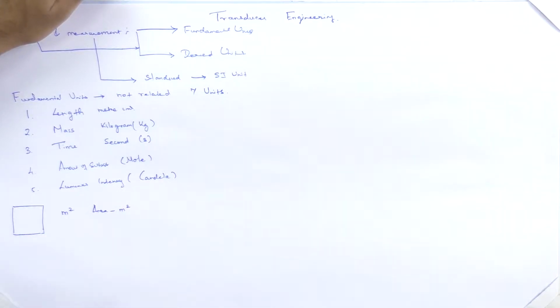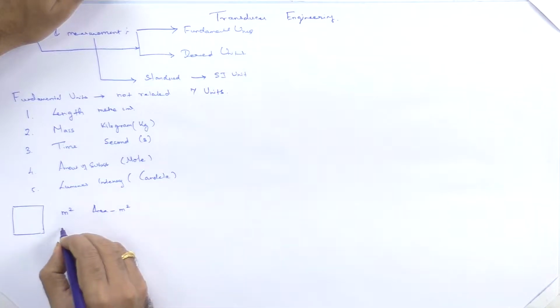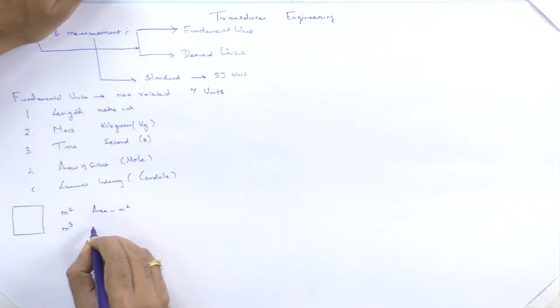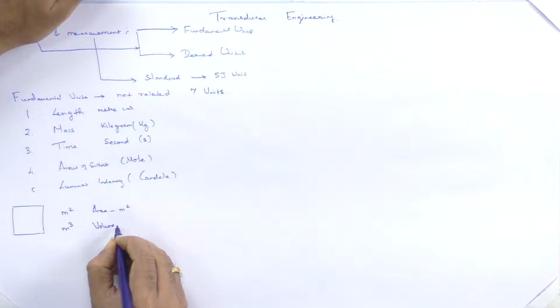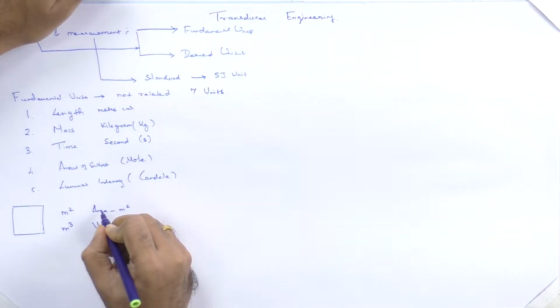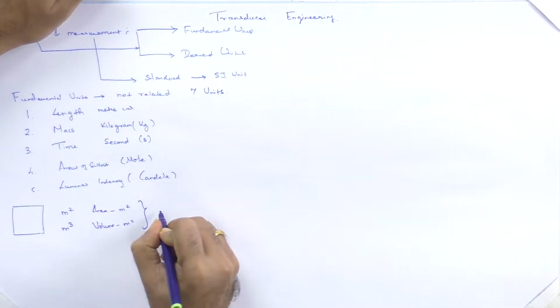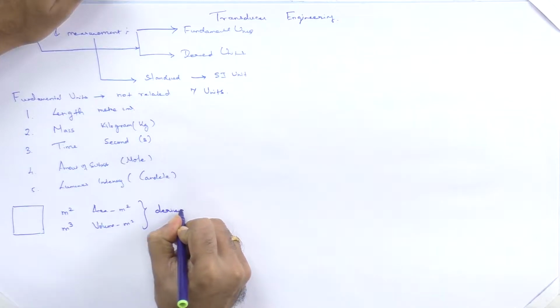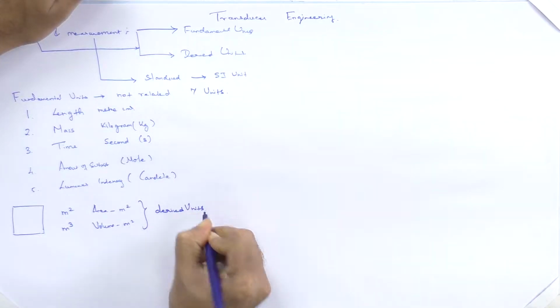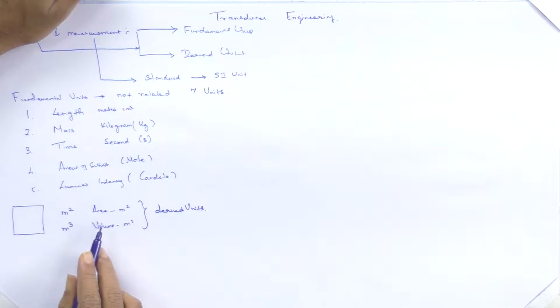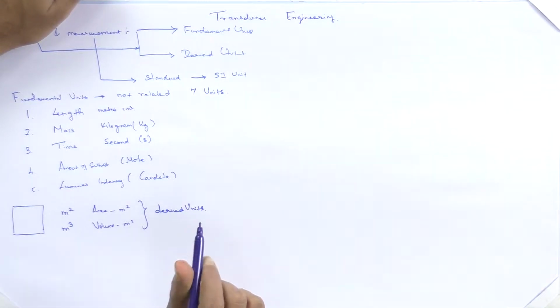Then volume comes with meter cube. So volume is meter cube. Both area and volume are derived units. I told you a very basic example of area and volume, and both these things are derived units.